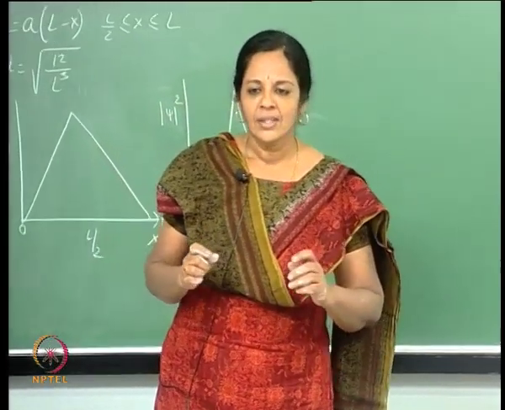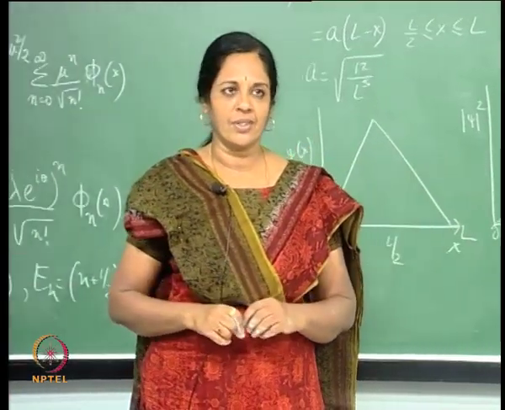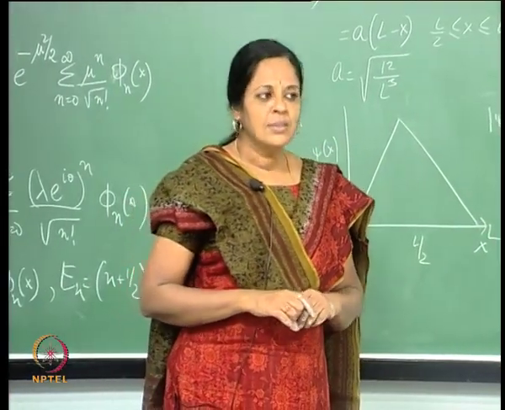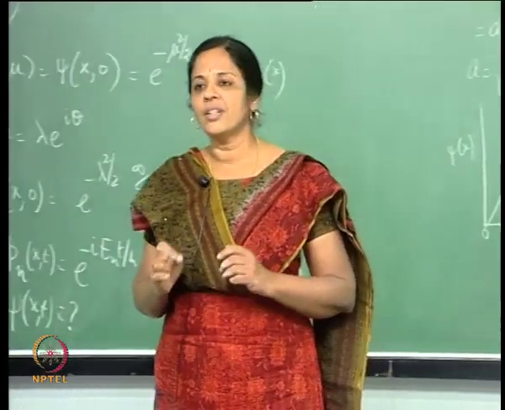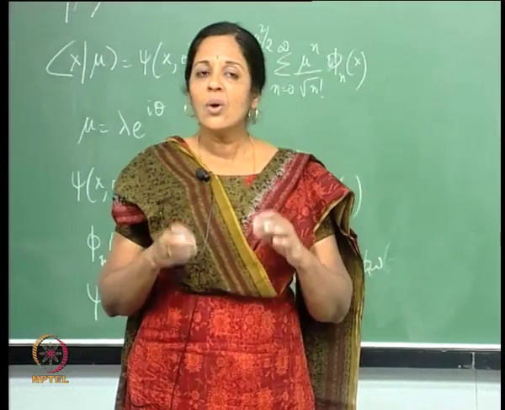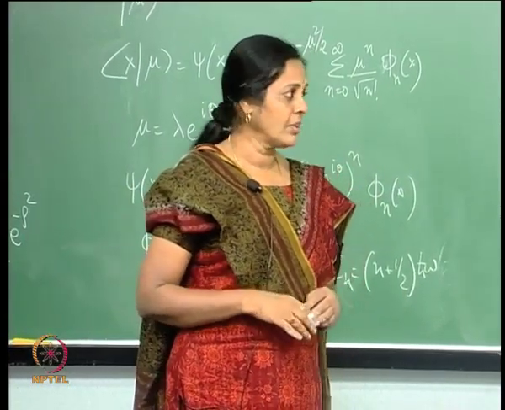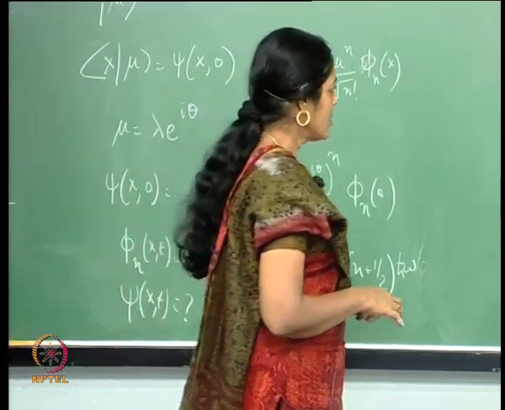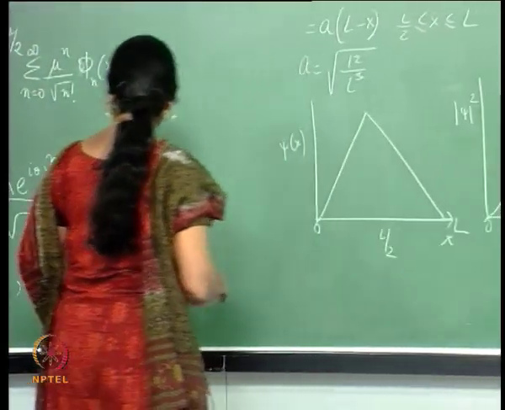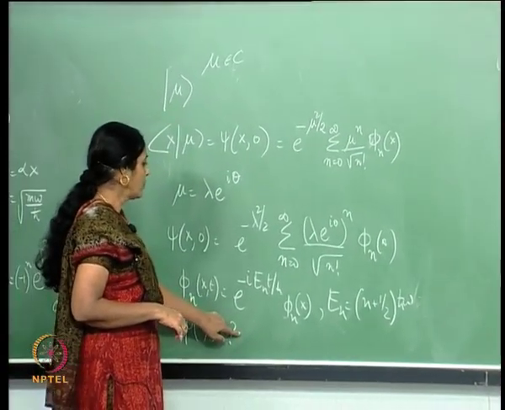But given that it need not have the Gaussian shape and it can change arbitrarily, whatever I have said is true for a generic Hamiltonian. The precise question that we are asking is, how does it evolve under the harmonic oscillator Hamiltonian? So that is the problem that we would like to look at now.